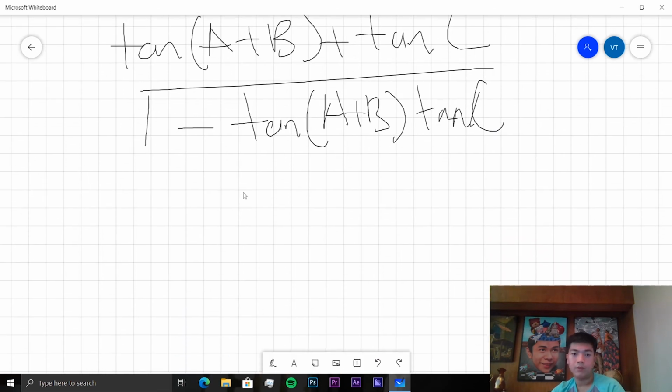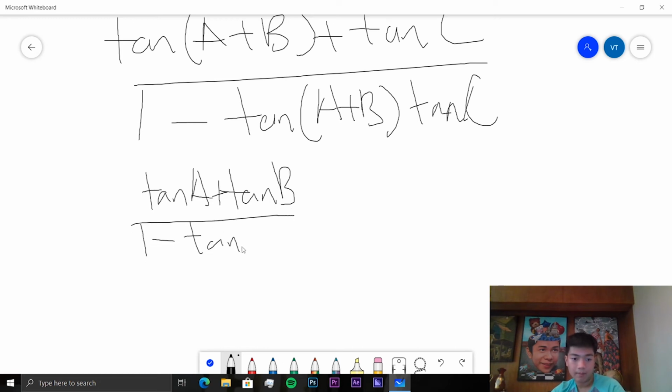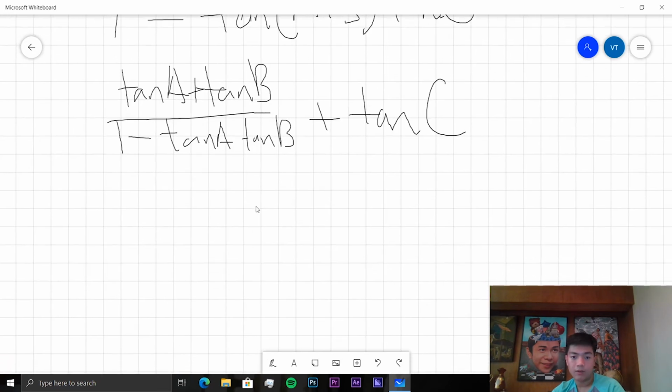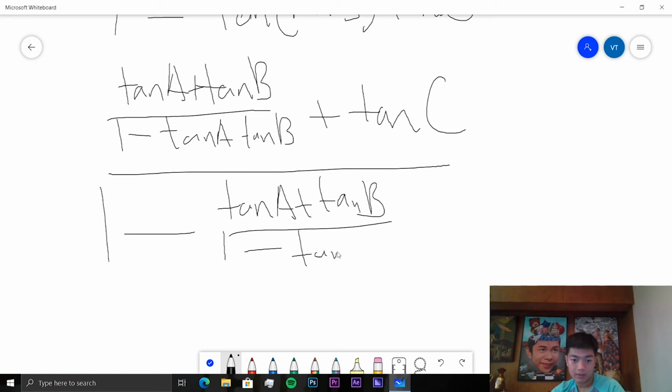So if we expand tan a plus b, we get tangent of a plus the tangent of b over 1 minus tan a tan b, plus tan c over 1 minus the tangent of a plus the tangent of b over 1 minus the tangent of a tangent of b, times the tangent of c.